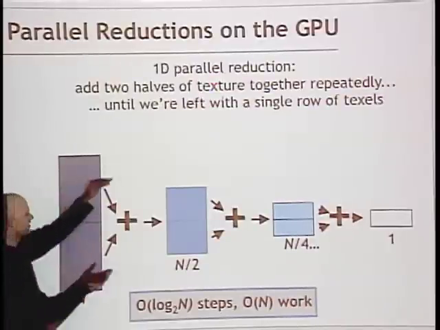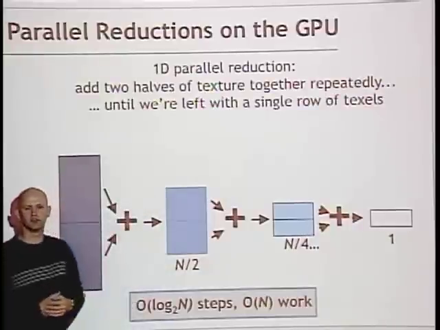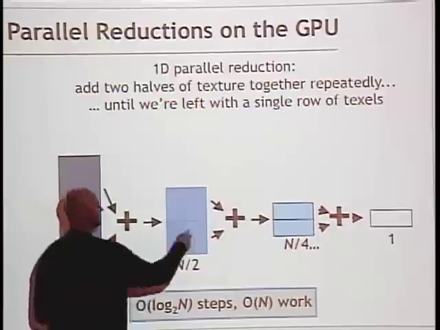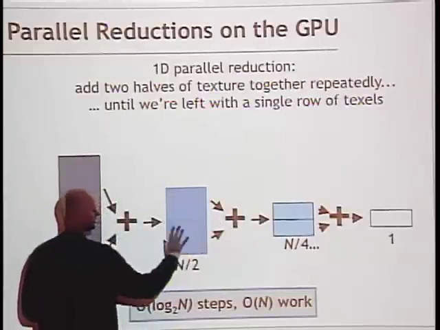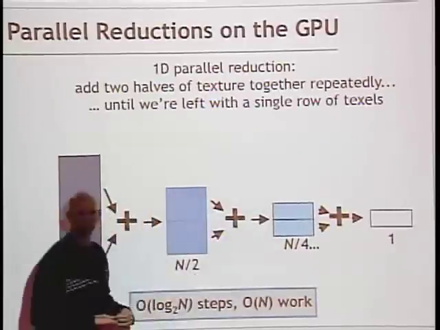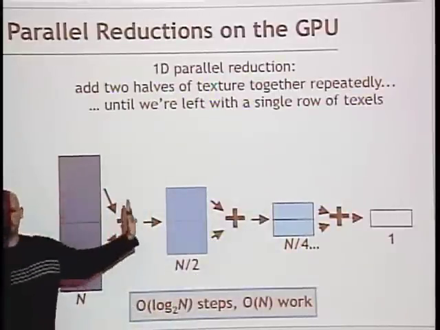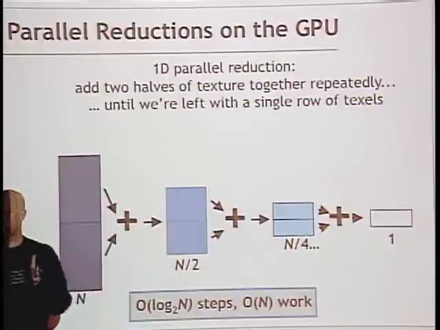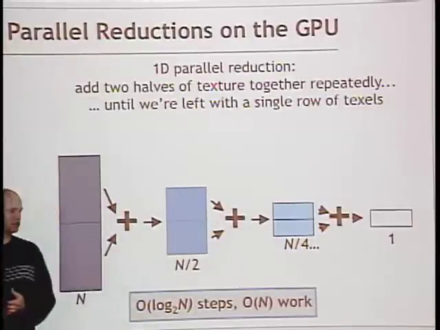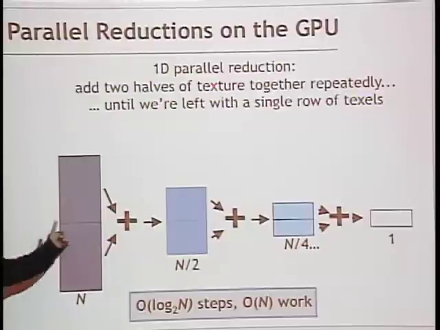That's going to give us something that's half the size of the original array. Then we're going to do the same thing. We cut it in half, take this half, slap it on top of this half, and do a pairwise add all the way through. So every step, our problem is cut in half. And if you do the math there, what you'll find out is that this is log 2 of n steps. You start off with 1,000,000 elements.